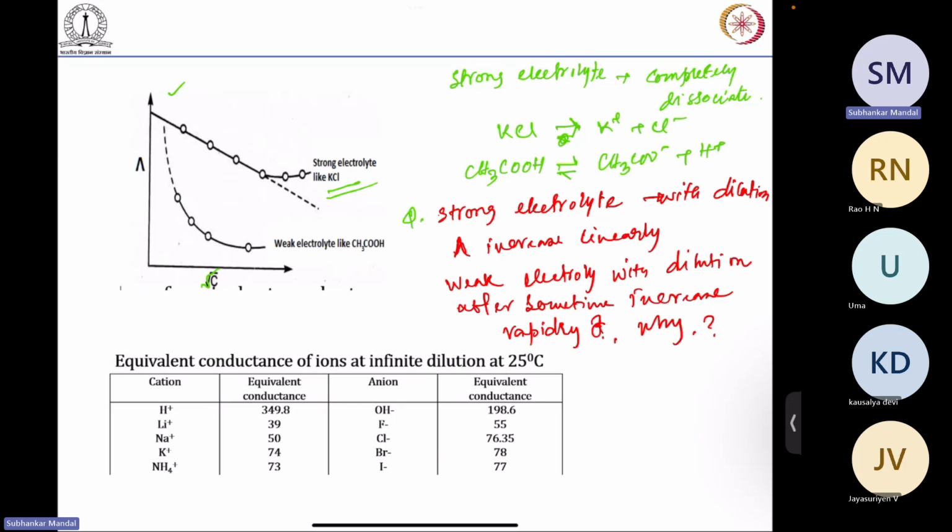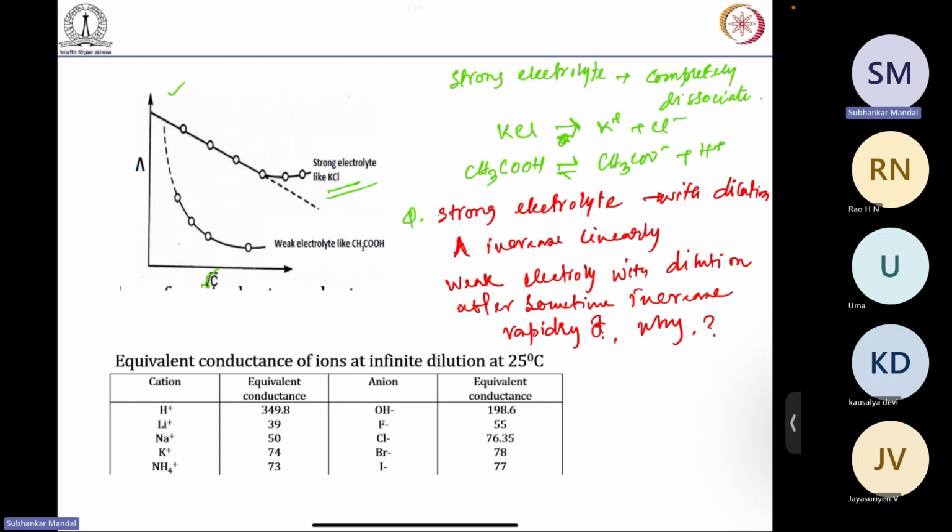When the dilution is happening, the number of ions is increasing. Okay, so are you telling this for a weak electrolyte or a strong electrolyte? Strong electrolyte.